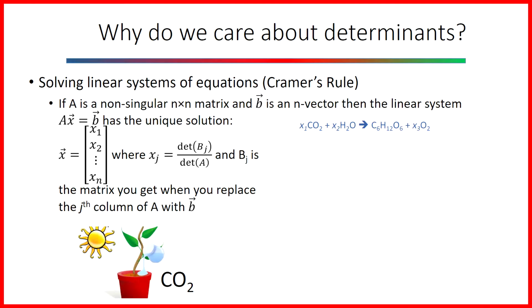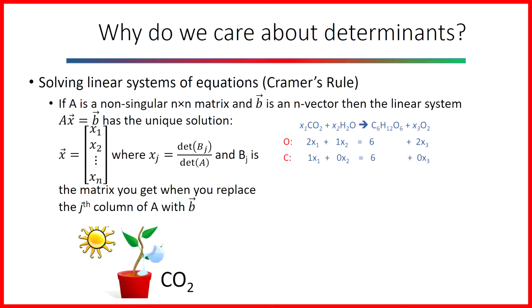First, we will write out mass balances for each element. For oxygen, we can see that 2 times x1, which is the number of carbon dioxide molecules, plus 1 times x2, which is the number of water molecules, must be equal to 6 plus 2 times x3, the number of oxygen molecules.